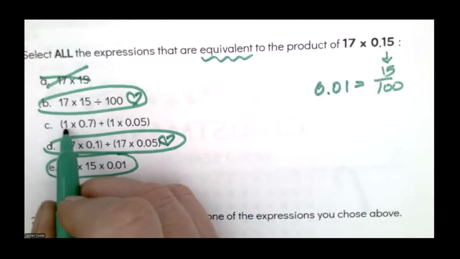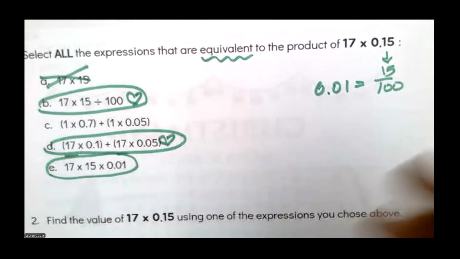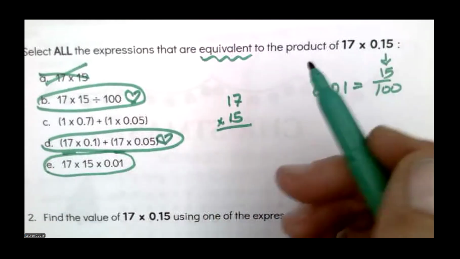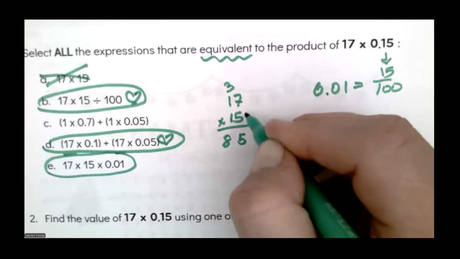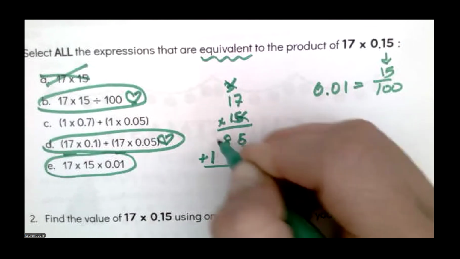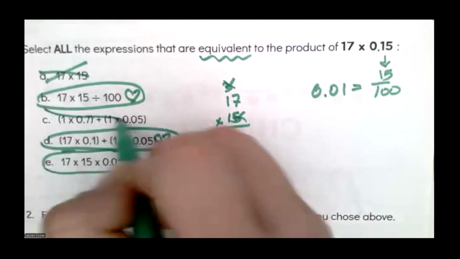Okay, so let's look at this one. This would be 7/10 and 5/10. Let's see if 17 times 15 is 7,500. I don't believe that it is. 7, 1, 5, 15. Nope, it's 255. So this cannot be true.